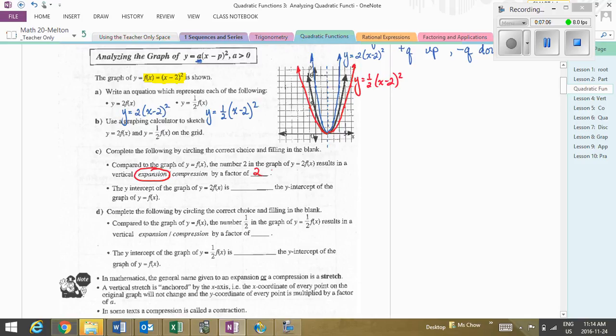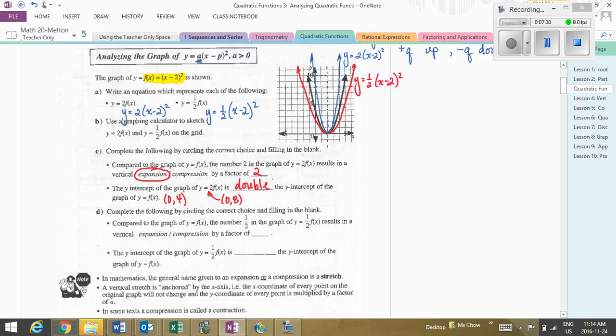The y-intercept of y equals f of x was (0, 4), but now our y-intercept is right here, and it is (0, 8). So it is double that.